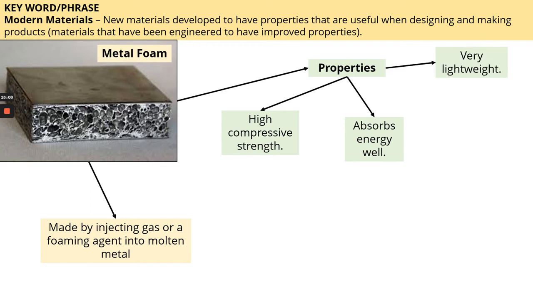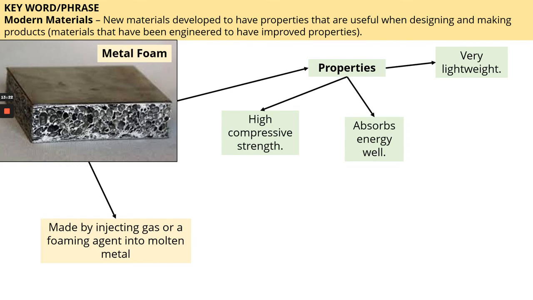So when we pump air into it, it's got all these air bubbles, which reduces the density of the material, which means that overall it becomes a very lightweight material, but it has that high compressive strength.